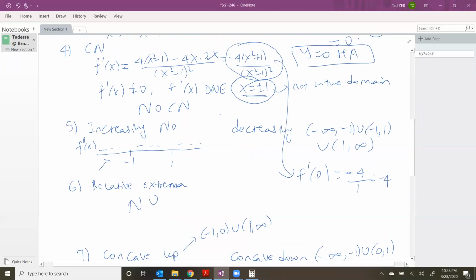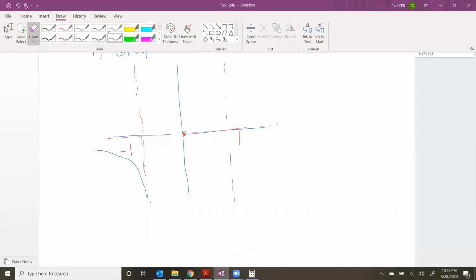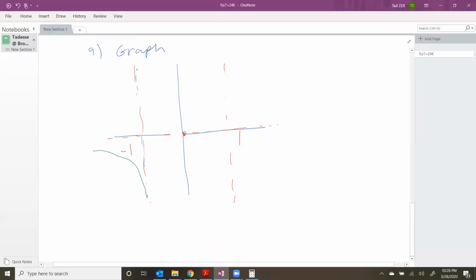Yep, it's not increasing, it's always decreasing, sorry. So let me erase that. Oops. It says it's decreasing, so something like this, right? It's decreasing, and then here the graph will be again decreasing, something like this. So this is what the graph looks like.